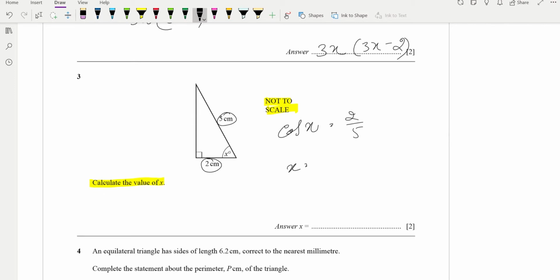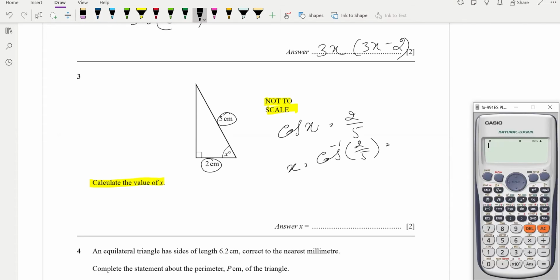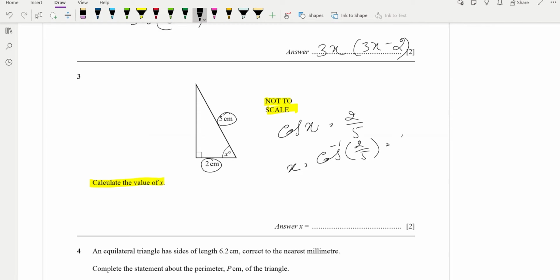So x is equal to cos inverse of 2 over 5, which is shift cos of 2 over 5, and this is equal to 66.42 degrees. This will be our answer.